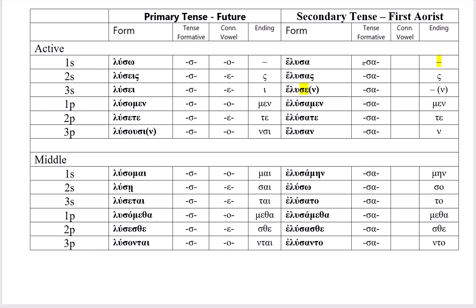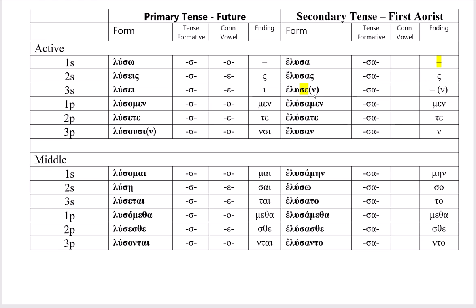So now we're looking at the right-hand side of the chart. We have first aorist now, and notice that we have secondary endings except for the first singular. Instead of being a nu, it's blank, there's no ending.